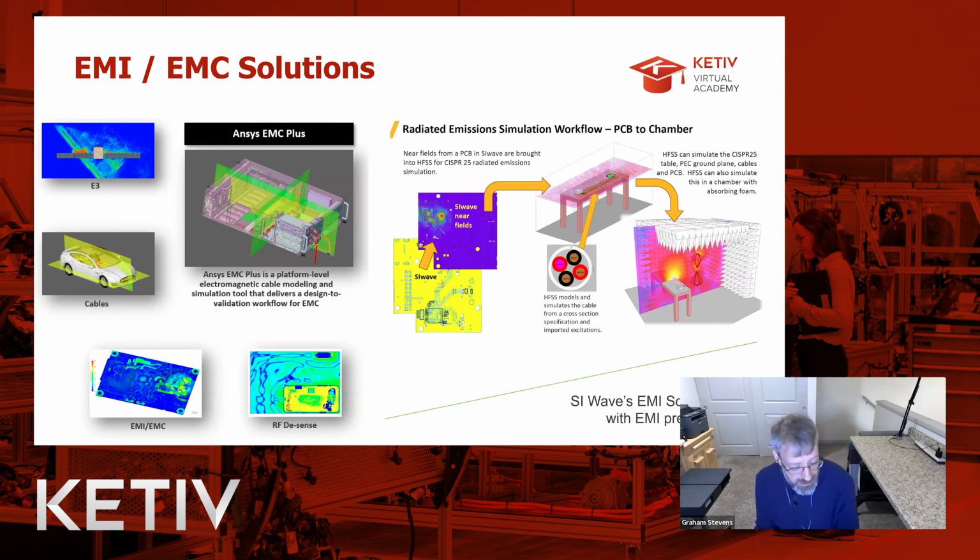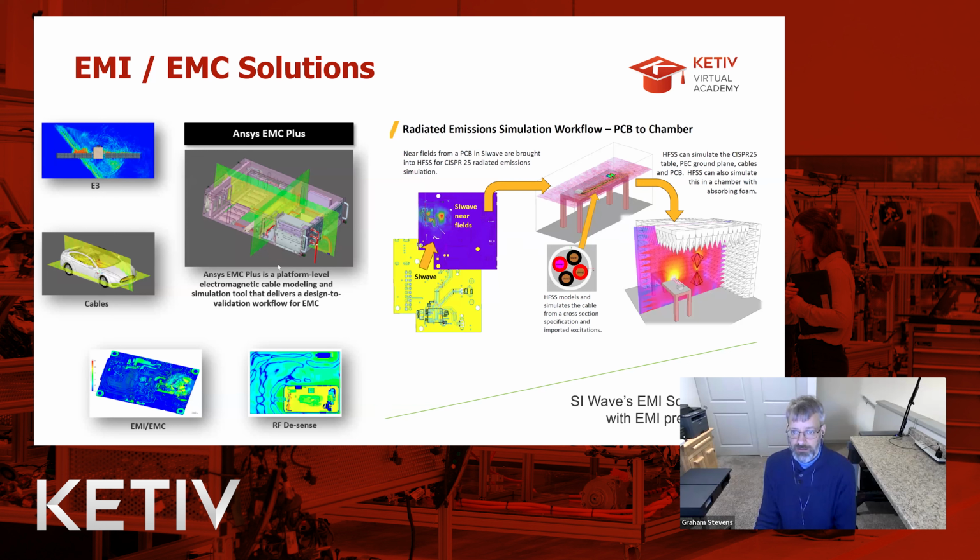And then on the EMI, EMC side, where we're looking at electromagnetic interference, both emissions, is my device emitting too much radiation so that it won't pass standards, or is it getting affected by emissions? So are other devices or antennas out there, and are they going to interfere with the operation of my device? So these are two areas that Ansys focuses on.